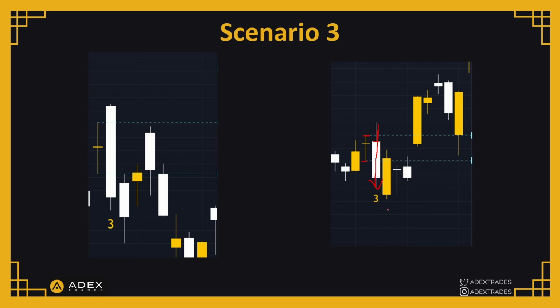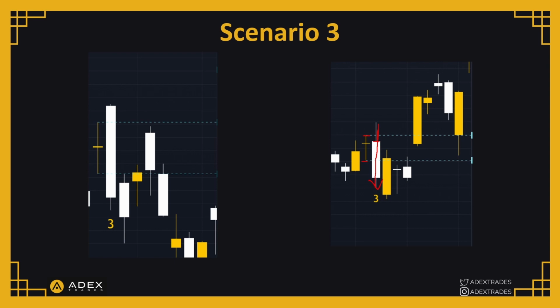What we also say about 3s is that a broadening formation is created on a lower time frame. And as I already talked about, you start with the 2-up, and then you go out to the opposite side and take it out.